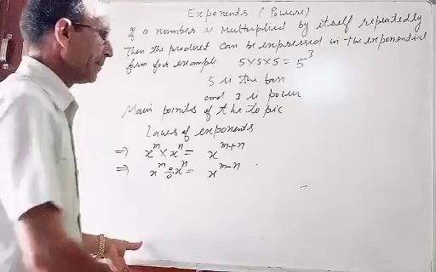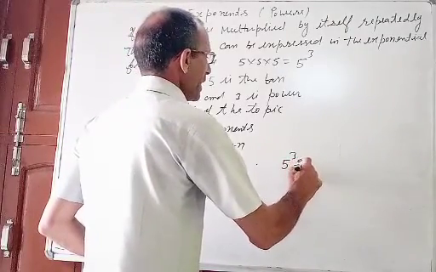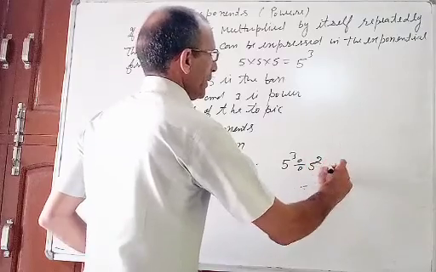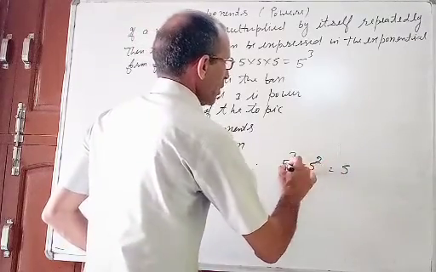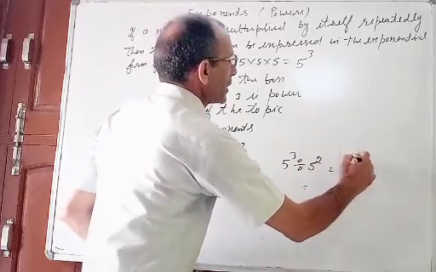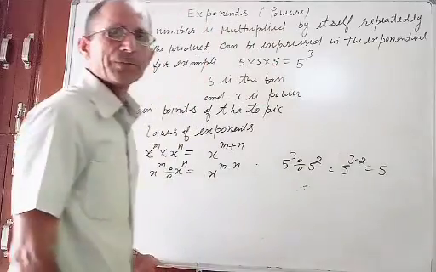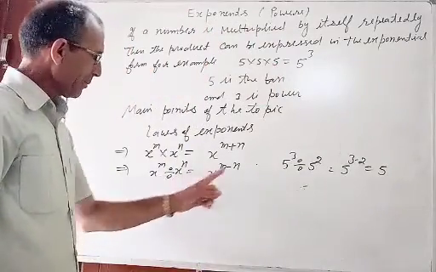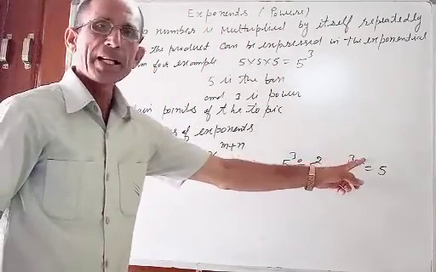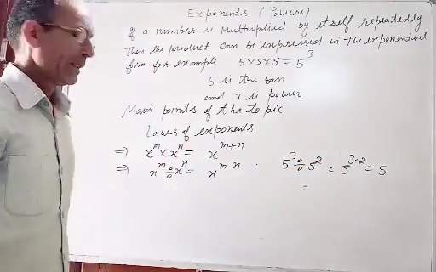If bases are same, suppose 5 raised to the power 3 divided by 5 raised to the power 2. So what will be the answer? Because bases are same, this also 5, this also 5, so power will subtract. So 3 minus 2 is equal to 1. So 5 raised to the power 1 means 5.